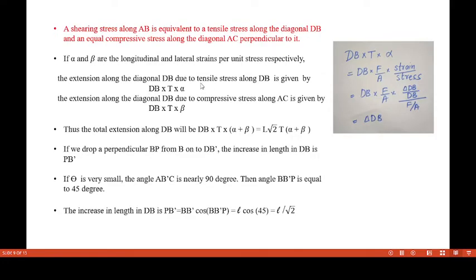Now, if alpha and beta are the longitudinal and lateral strains per unit stress respectively. So alpha is the longitudinal strain per unit stress, and beta is the lateral strain per unit stress. We've already seen these terms in the previous class. Now, the extension along the diagonal dB due to tensile stress along dB.